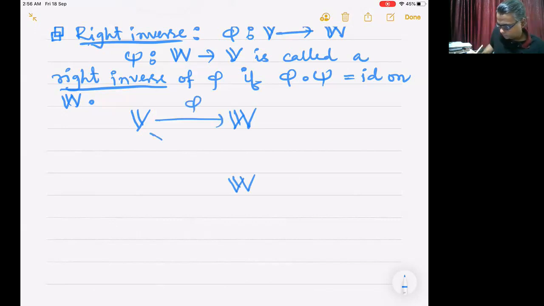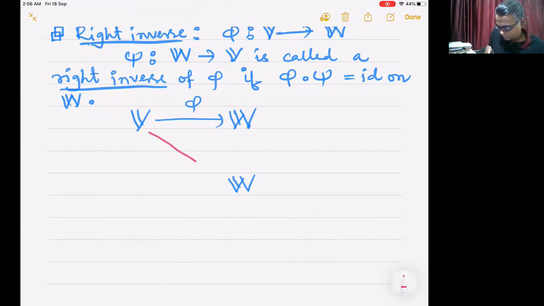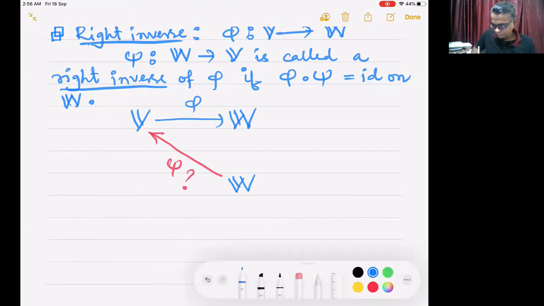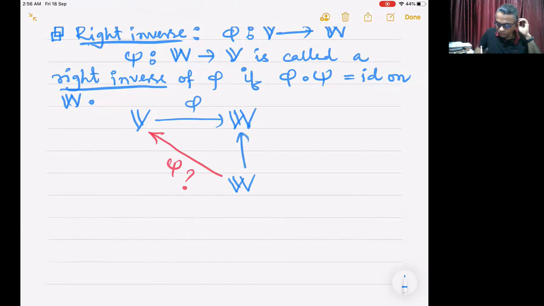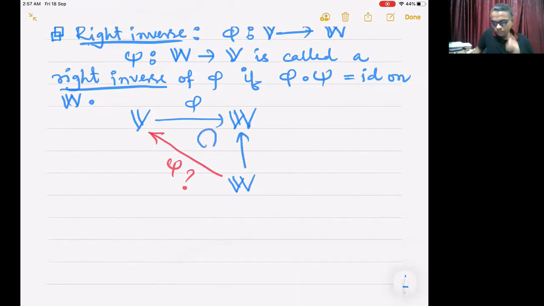Does there exist a psi so that you go either this way or this way, it doesn't matter, and this diagram commutes? Then we say that this is a right inverse.